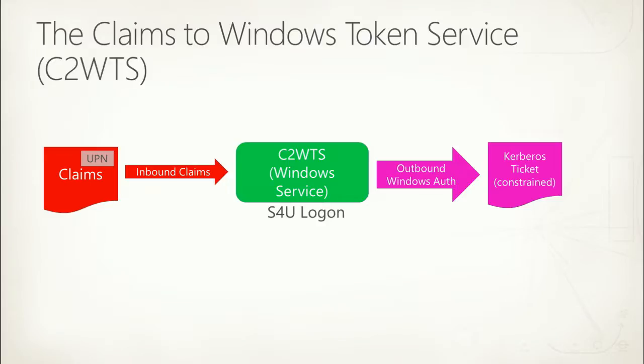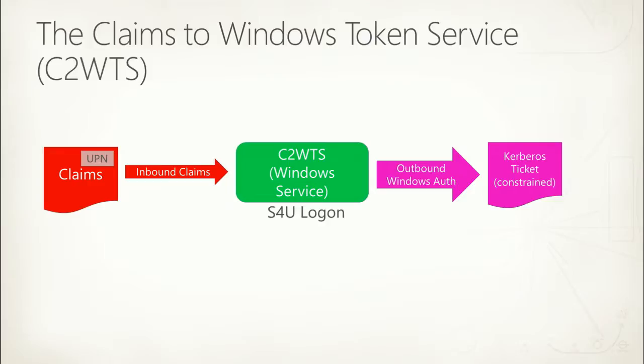The service applications, the first thing they'll do is check the provider type. This is why it's important that you're using Windows claims on the front end. If the provider is not Windows, in other words it's FBA or SAML, in those cases SharePoint is not going to attempt to leverage the Claims to Windows Token service. If, however, you did use Windows, SharePoint will extract out that UPN and give it to the Claims to Windows Token service.